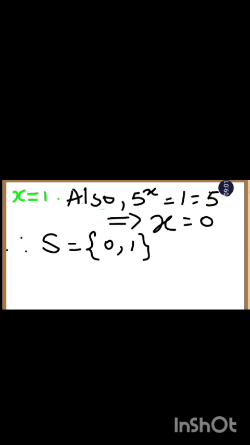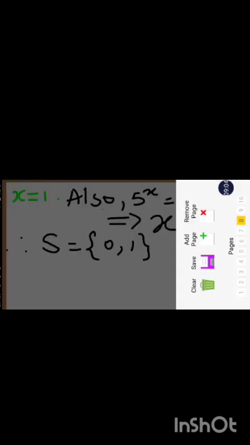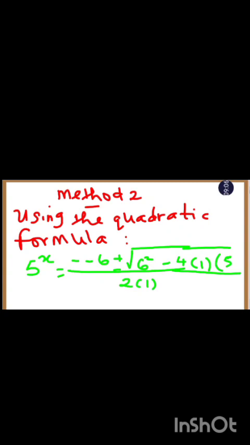Now, we can as well decide to use method 2. Since we have seen that it is a quadratic equation in terms of 5 raised to the power x, we use our quadratic formula: negative b, our b here is negative 6, plus or minus the square root of b squared, negative 6 squared, minus 4ac, a is 1, c is 5, divided by 2a.